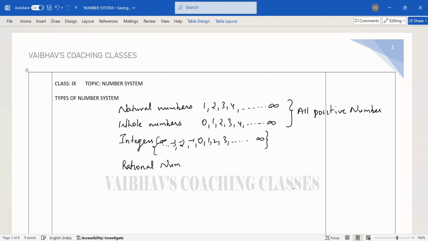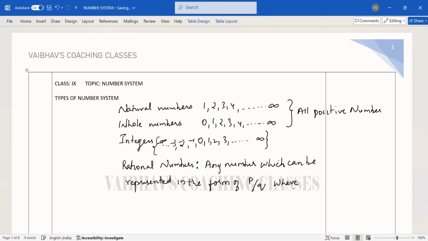So what are rational numbers? Rational numbers are the numbers which include both positive as well as negatives, but there's a condition to rational numbers. The condition is that any number which can be represented in the form of p by q, and the main condition is where q is not equal to 0.